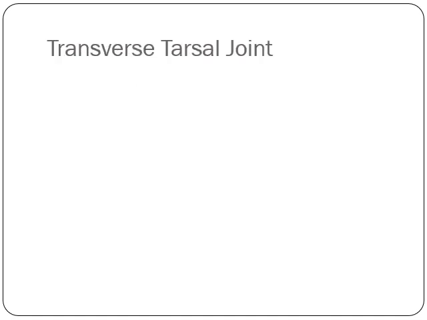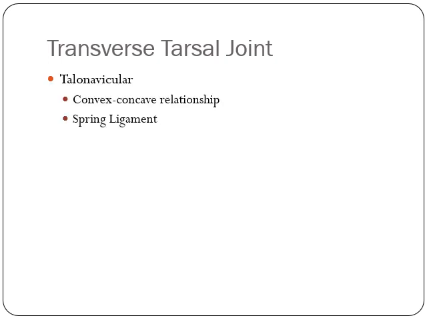So that takes us to the transverse tarsal joint. So we're kind of moving down now more into the foot, and we're going to talk about the transverse tarsal joint. So there's going to be 2 joints that make up the transverse tarsal joint. So again, you have to go back to your foot anatomy and be thinking about the different tarsal bones and how they articulate with one another.